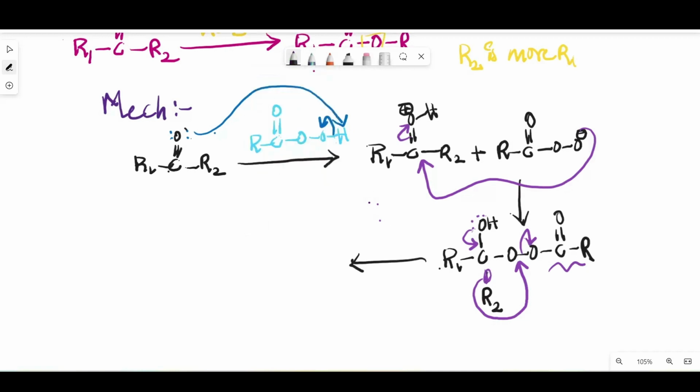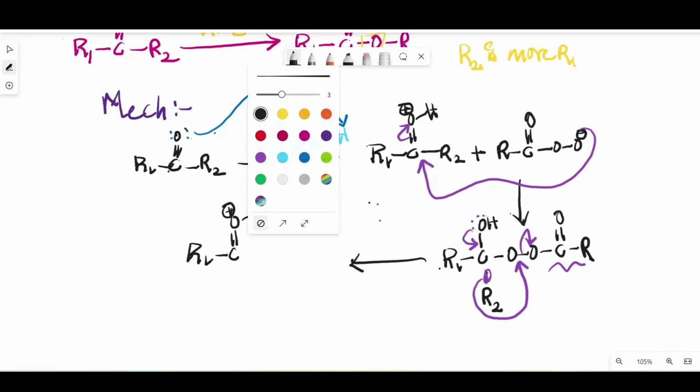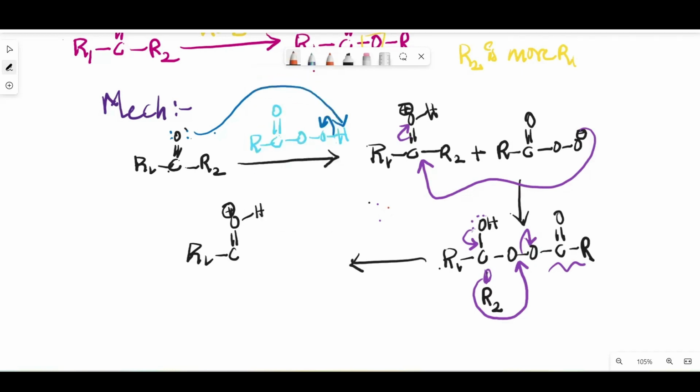Let's see what we will get. R1C=OH positive. Here we will get positive because the lone pair is making a bond, so we will get positive on oxygen. And here we are migrating this R2 group. Why we are migrating, I will explain with one example also. Then you will get to know very easily.